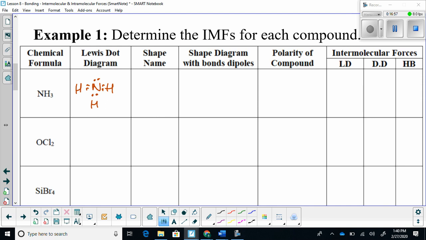So, what shape will this form? Pyramidal, because that lone pair is forcing those bonds down. So this is a trigonal pyramidal. Okay, let's draw the VSEPR shape. Looks like this.